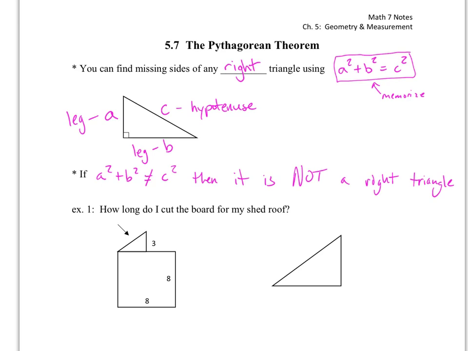So if somebody gives you the three sides of a triangle, and you plug them into the formula, and it doesn't work, you don't have a right triangle. If A squared plus B squared does not equal C squared, then you don't have a right triangle. If they are equal to each other, then you do have a right triangle.